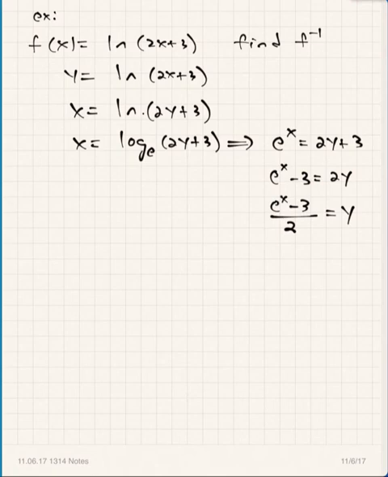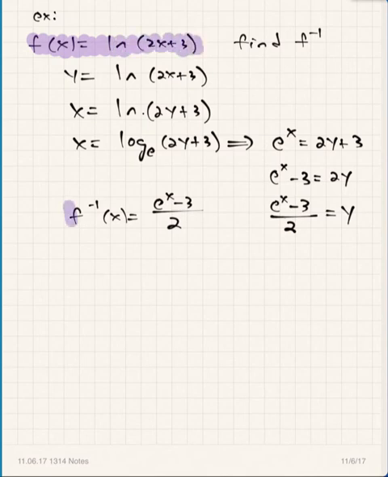And that would be our inverse function. So f inverse of x would be equal to e to the x minus 3 over 2. So these two functions would be inverses of each other: natural log of 2x plus 3 and e to the x minus 3 over 2.